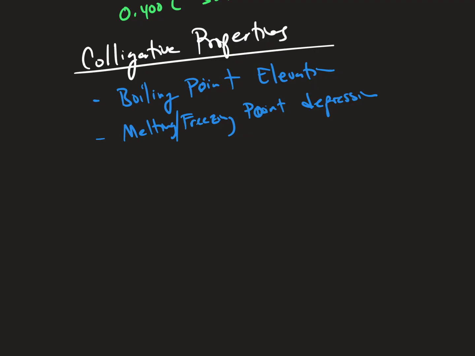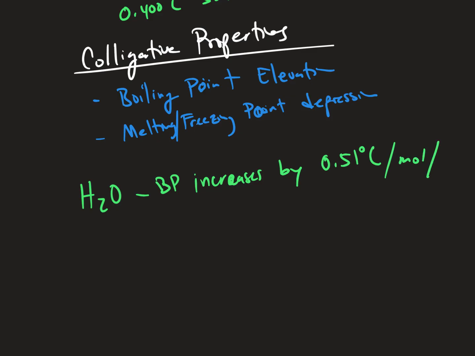So the boiling point of water, so we're dealing with water here, increases by 0.51 degrees Celsius per mole per liter. What's moles per liter again? Molarity. That means 0.51 degrees Celsius per molarity.